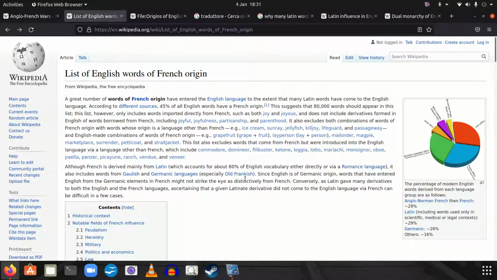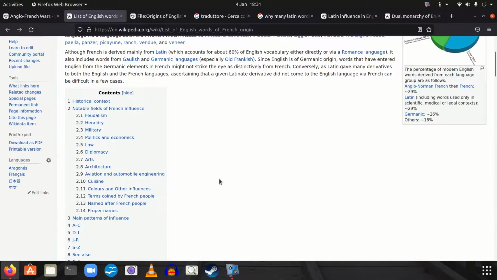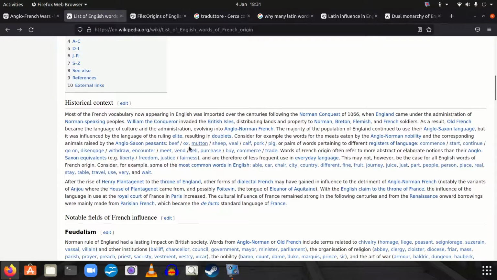I was reading that today in the English dictionary we have about 8,000 words coming from the French and Latin. Here we have some examples.